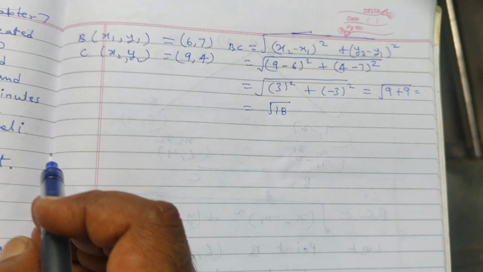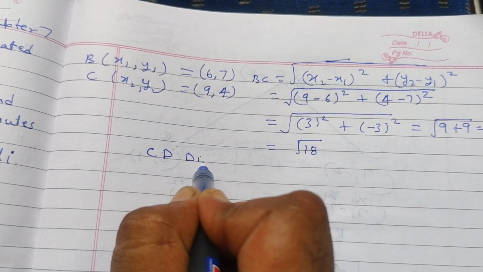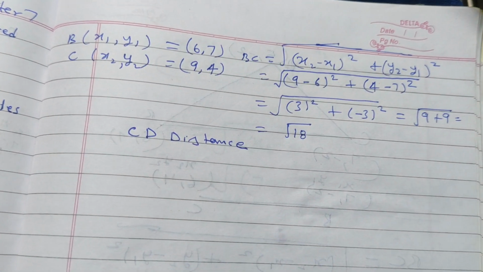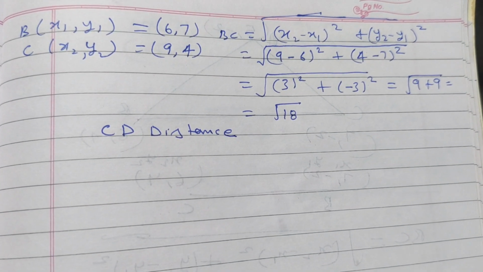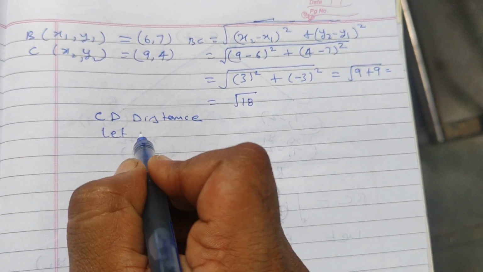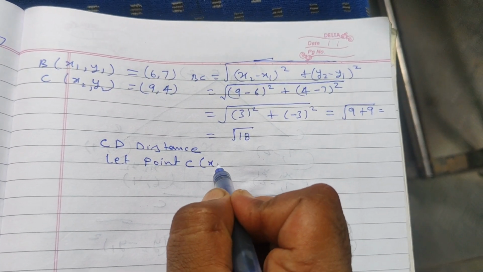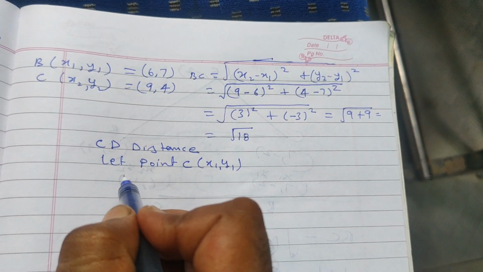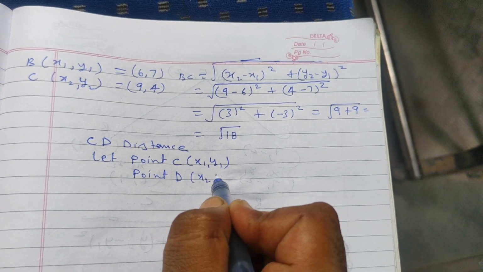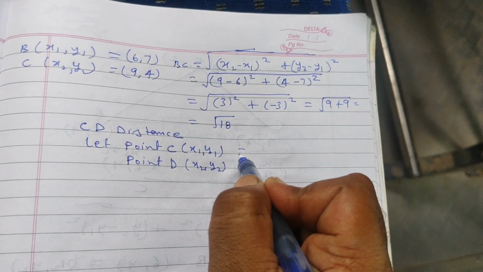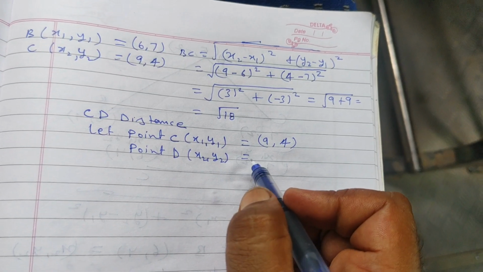Now we find the distance CD. Here CD distance, let point C (x1, y1) and point D (x2, y2), where C point is (9, 4) and D point is (6, 1).